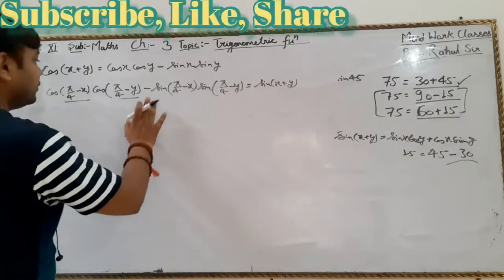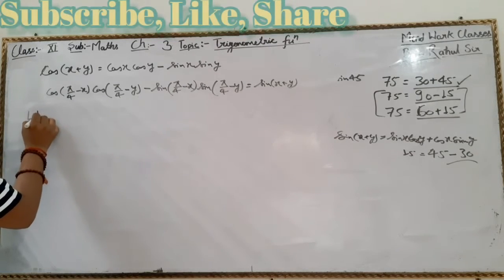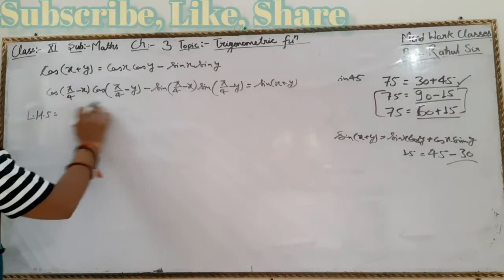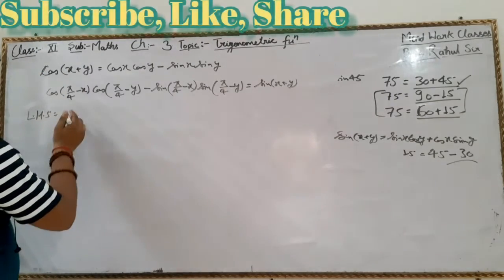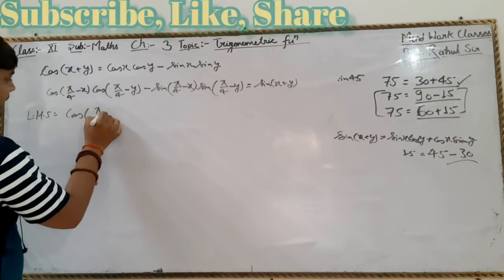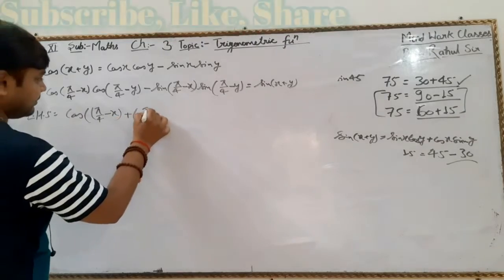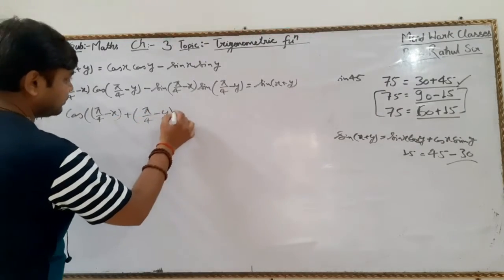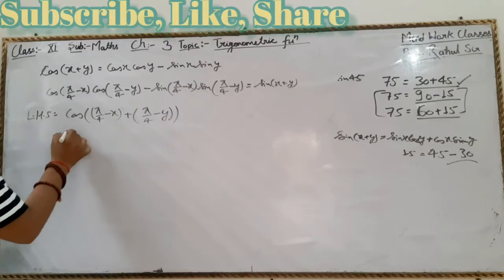So we can directly write LHS as cos of a plus b, that is cos of (pi by 4 minus x) plus (pi by 4 minus y).